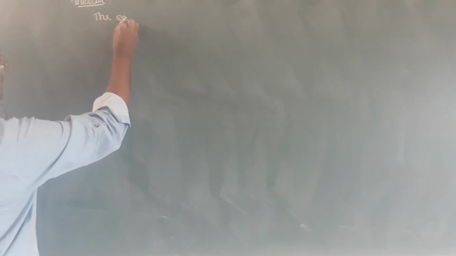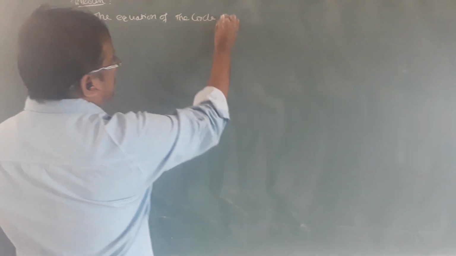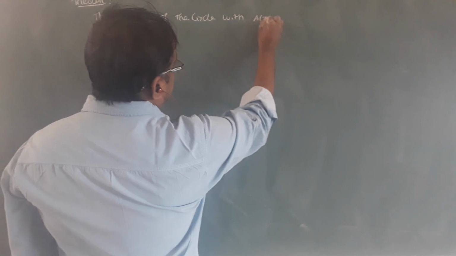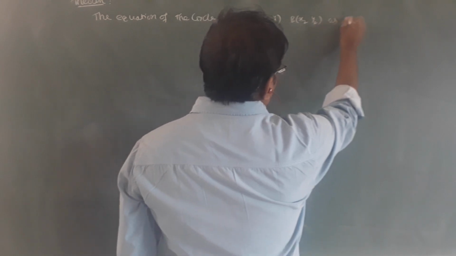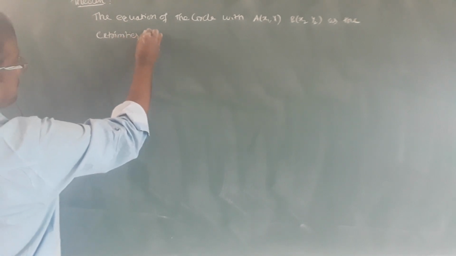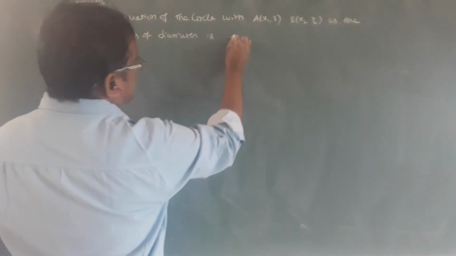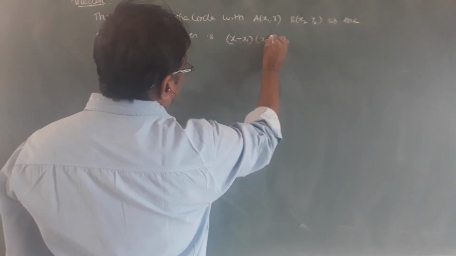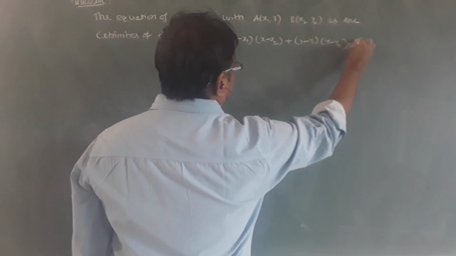So the theorem says that the equation of the circle with A(x1, y1) and B(x2, y2) as the extremities of a diameter is (x minus x1)(x minus x2) plus (y minus y1)(y minus y2) is equal to 0.